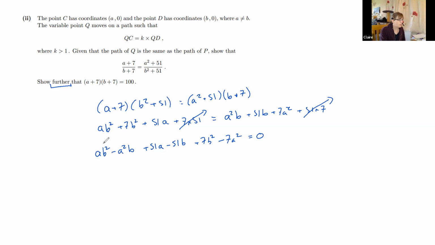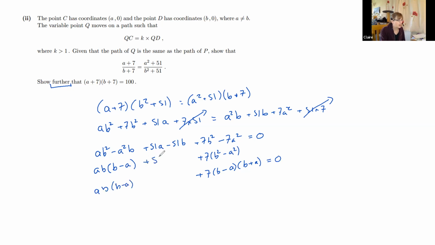We can notice from here that we've actually got a common factor. So this is AB into B minus A. So we've got a common factor for AB in both parts here. And we can do something similar here. This is 7B squared minus A squared, which is actually the same as 7 into B minus A, B plus A. I'll just stick that first one in there as well.